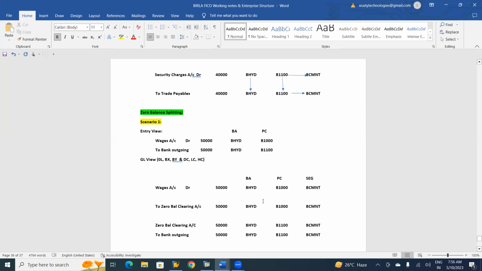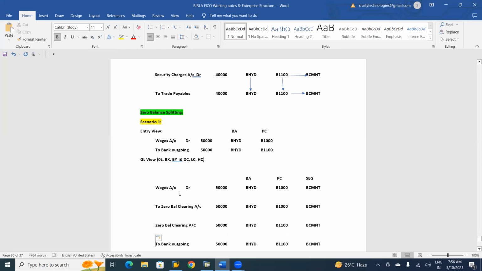So then what it will do is automatically trigger the zero balance clearing account. It will trigger the zero balance clearing account and update debit profit center and credit profit center equally. Clear? And here also the same thing. Here it's knocking off.